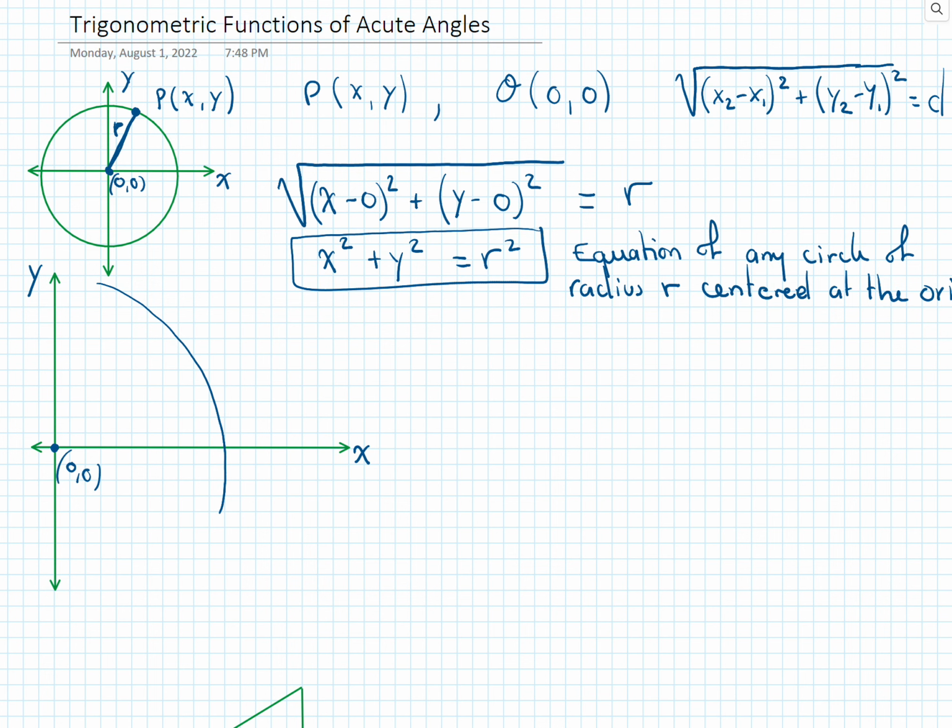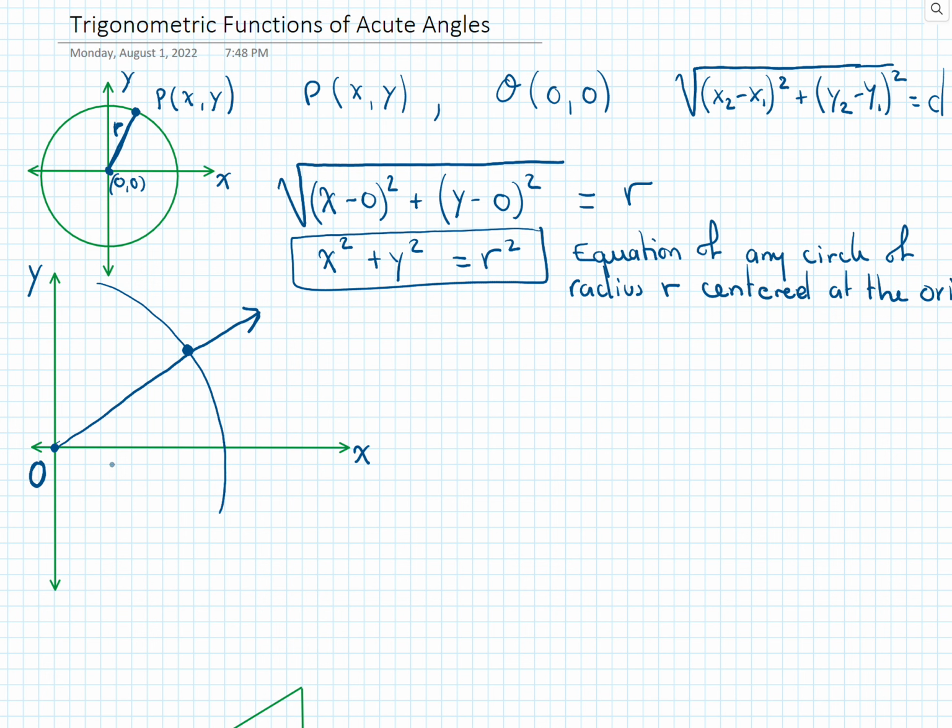Actually, I don't want that big, so I'm going to say this will be the origin, point O, right there. And then I'm going to put a point on that circumference of a circle. Now, understand that I didn't finish my circle completely, right? But you can imagine that circle. And then I'm going to just put a point here somewhere on that circumference of the circle. And then I'm going to link the origin to that point on the circumference, and I'm going to go beyond it. So this is a ray.